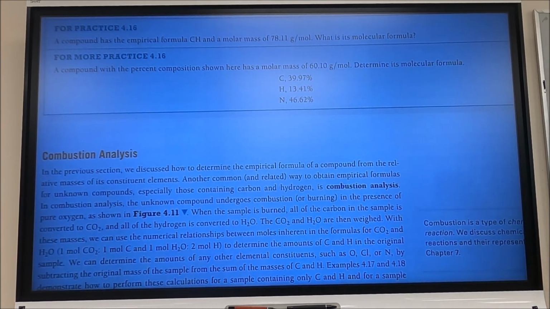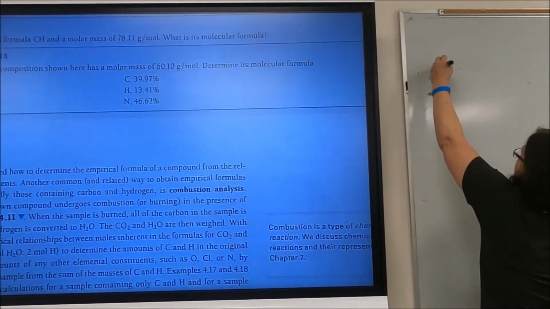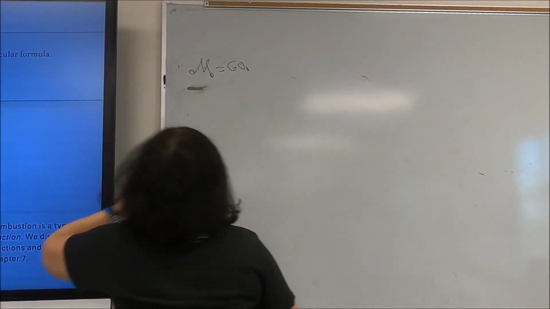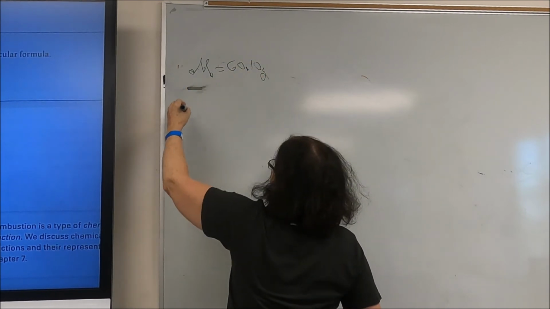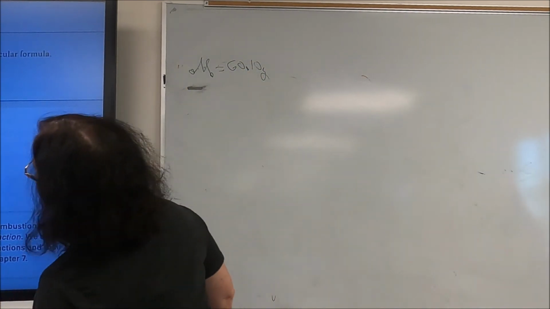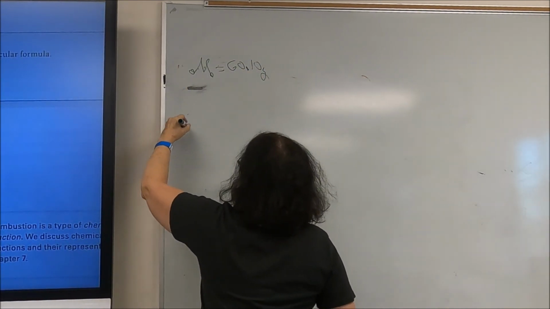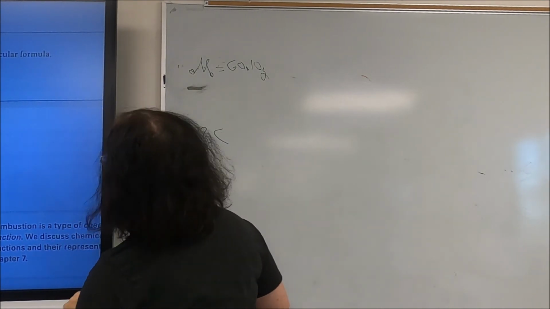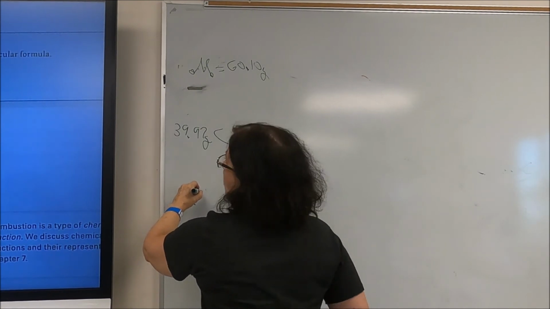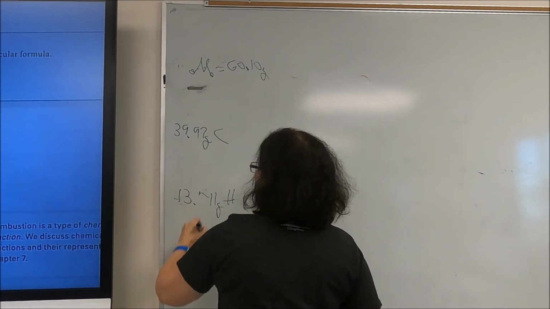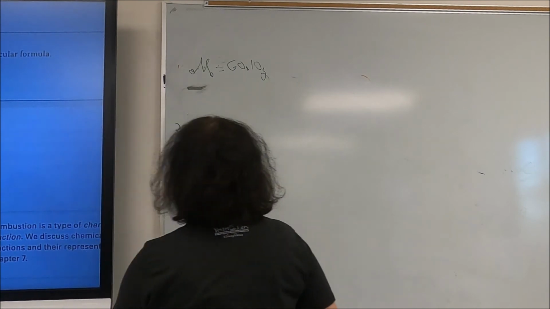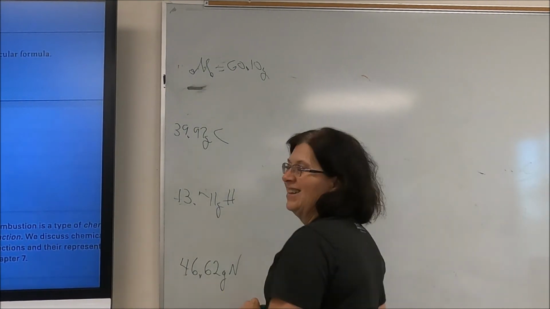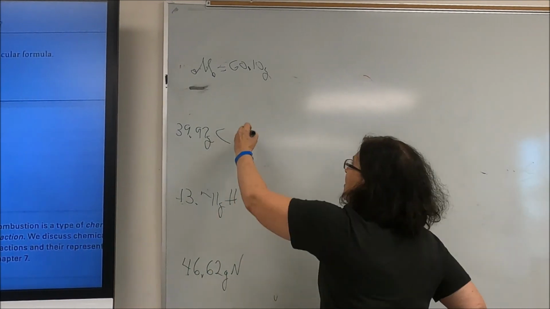So we know we've got a molar mass of 60.10 grams, and we're given that we've got 39.97 grams of carbon for every 100 grams, 13.41 grams of hydrogen, and 46.62 grams of nitrogen. A new element, yay!